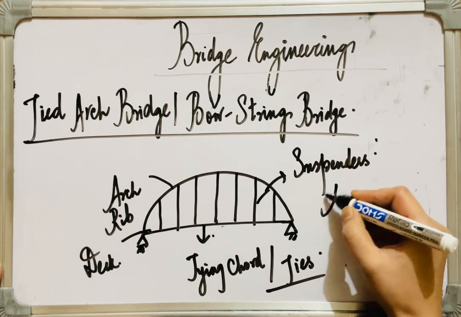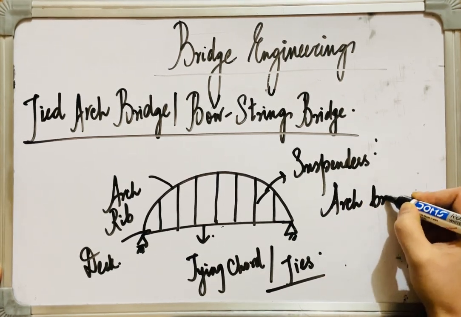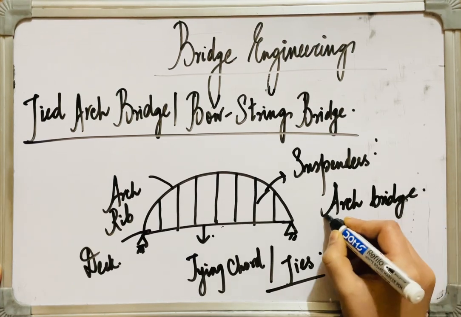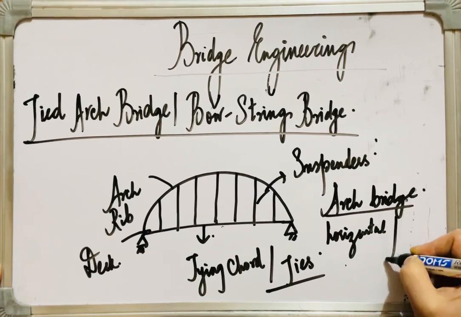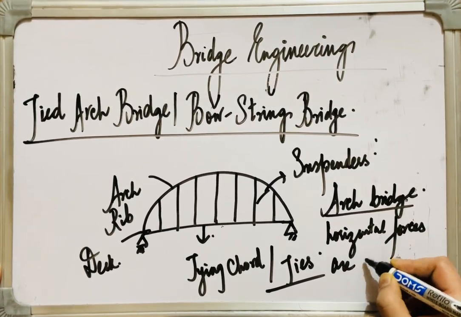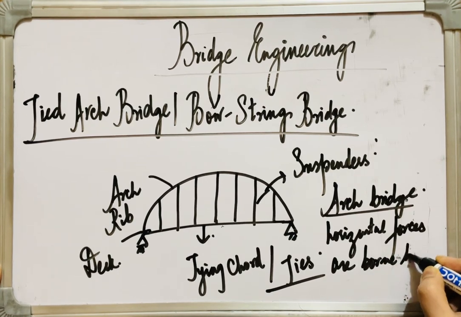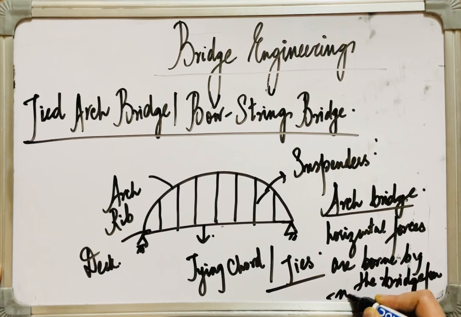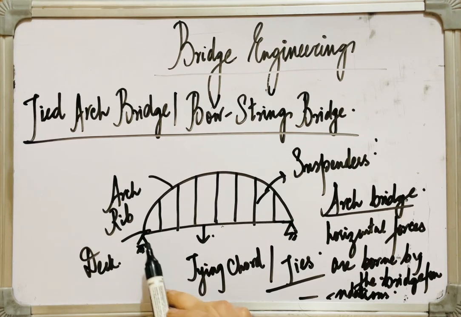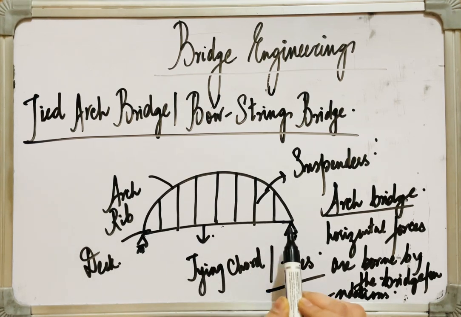So in case of arch bridges, the horizontal forces of the arches are borne by the bridge foundations and abutments. But in case of a tied arch bridge, these horizontal forces are borne by a cord which ties the two ends of the arch together.